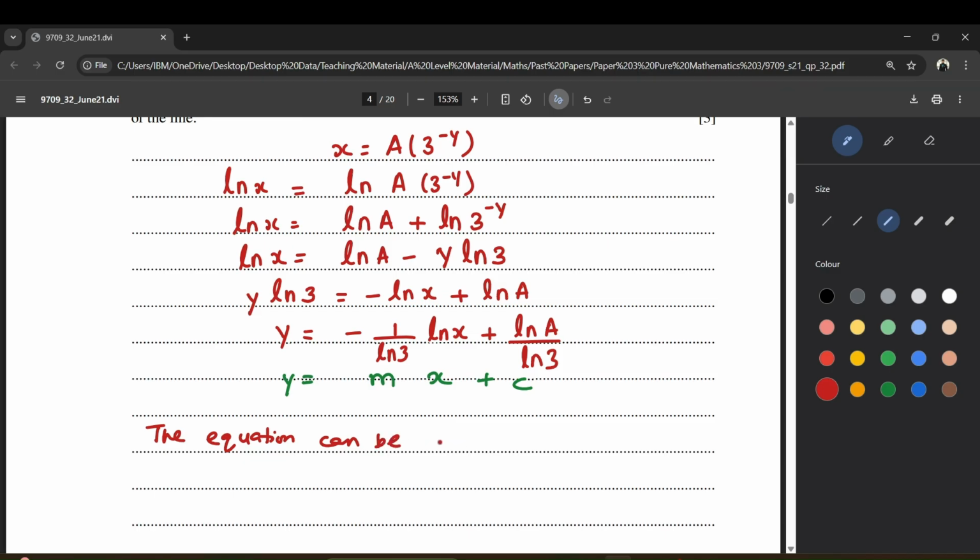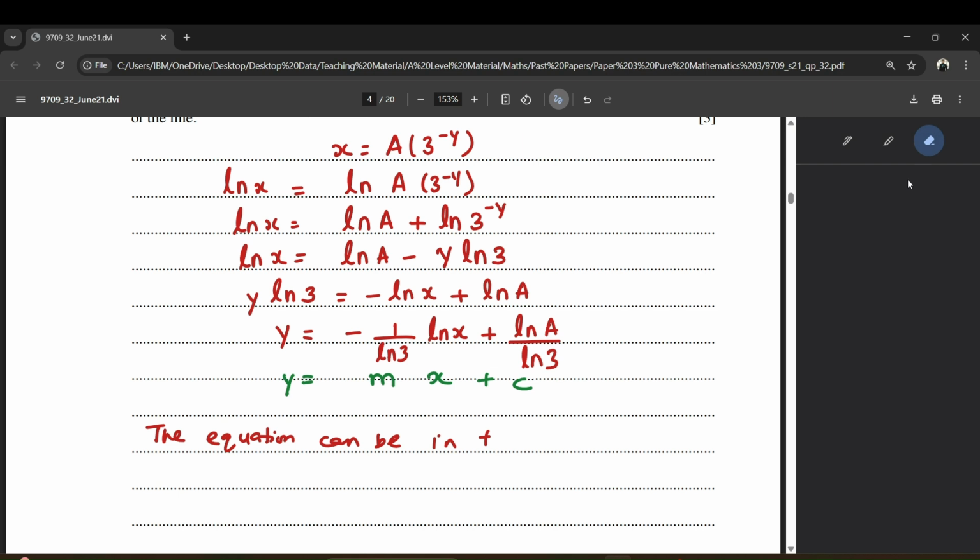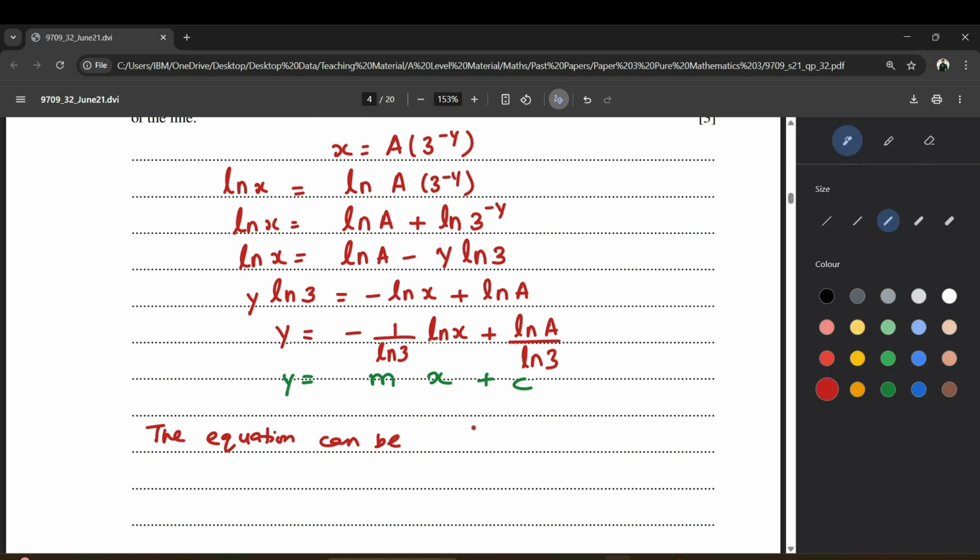can be written in the form y equals mx plus c, which is linear, or you can say a straight line equation.